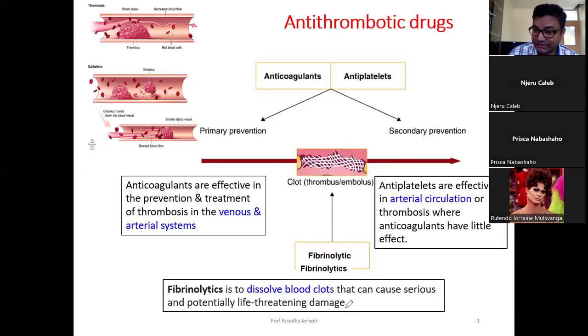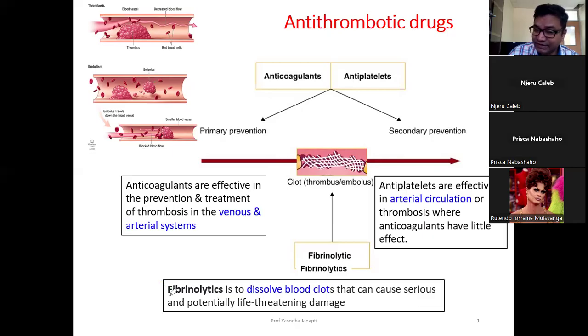Streptokinase, urokinase, which we studied, are plasminogen activators. They dissolve the clot already formed. Anticoagulants will prevent formation of clots, whereas these drugs dissolve the clots.